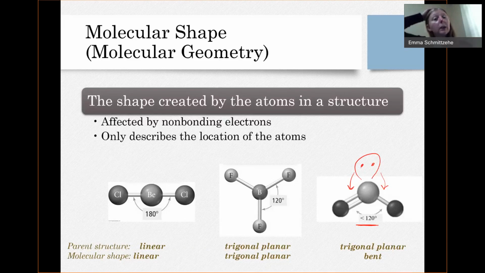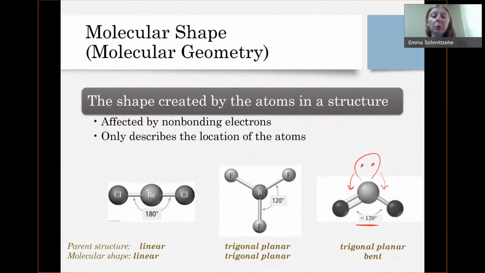You should know that if you have a parent structure that's linear, your angle's 180. If you have a parent structure that is trigonal planar, your basic angle is 120. But if you have a lone pair on the central atom, it does distort it some, so it makes that angle a little bit smaller. But you don't have to know how much smaller. That depends on what actual atoms it's made up of.